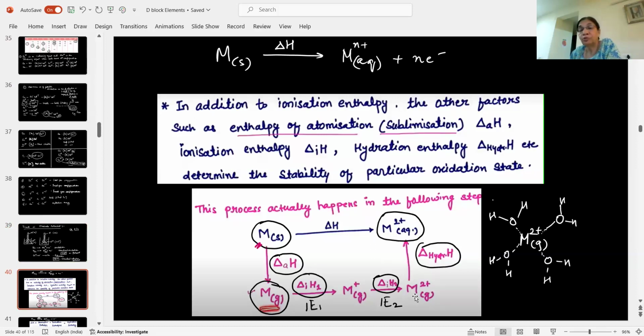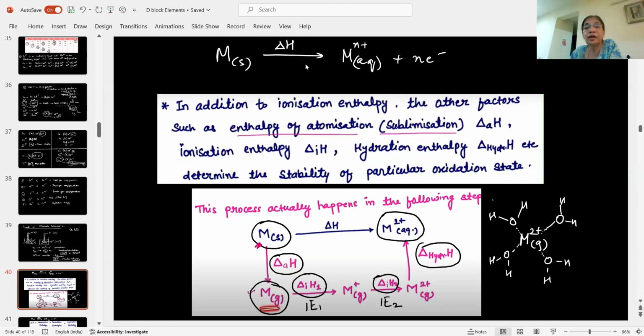When we look at electrode potential, we have to understand what delta H is: the energy given out when a metal atom in its solid state loses electrons and changes into a hydrated ion, Mn+ plus ne-.